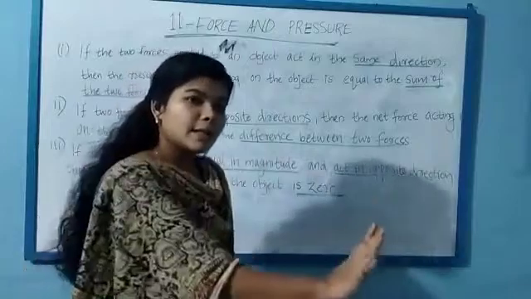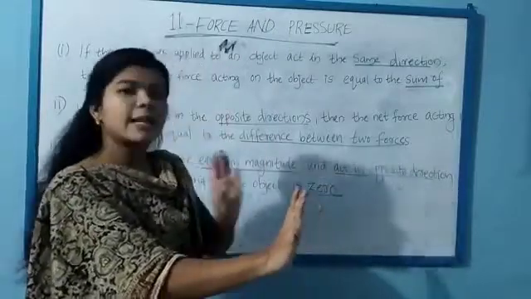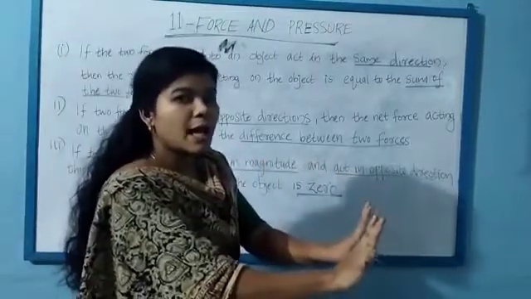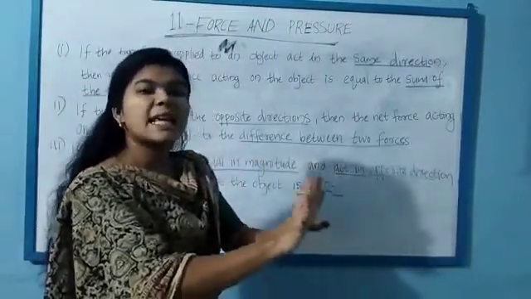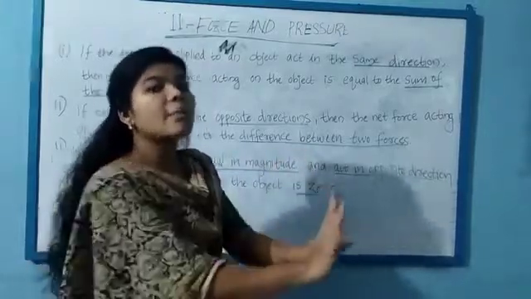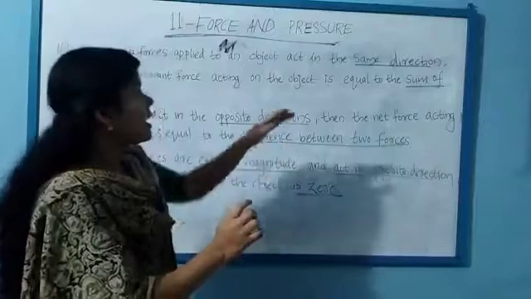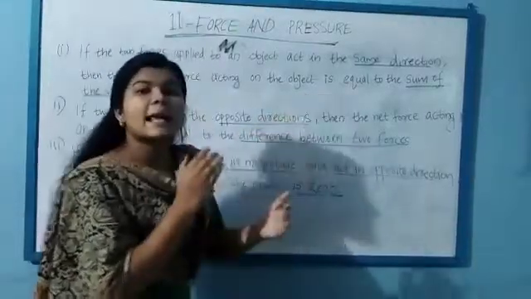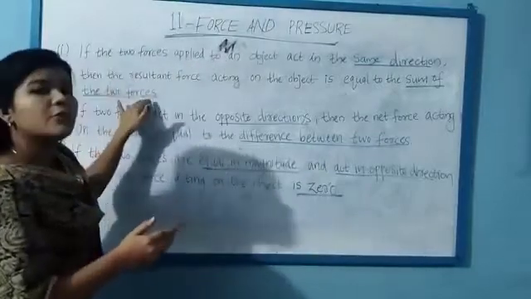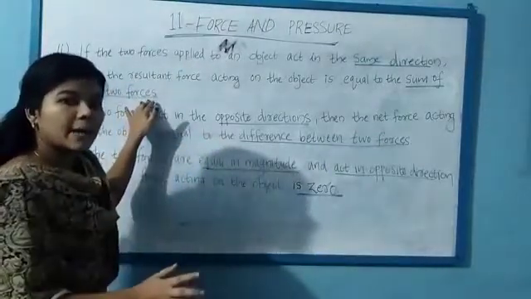You are applying a force and your friend is applying a force, and both of you are applying a total force, and as a result you can easily move the bench. Here the force is applied in the same direction, therefore the forces are getting added up, or the sum of the two forces is applied there.